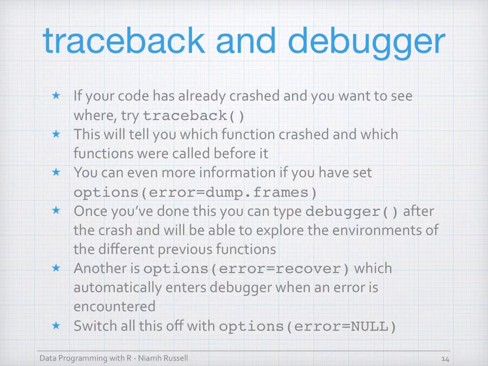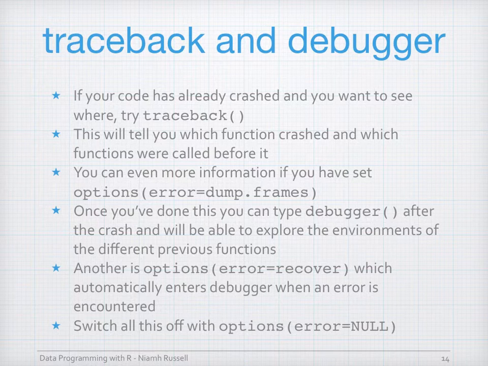Also, once you've done that, you can use the debugger function to check the individual environments of these different previous functions. Another thing you could do is to set the error argument in options to be equal to recover. So what recover does is it automatically enters debugger when an error is encountered.